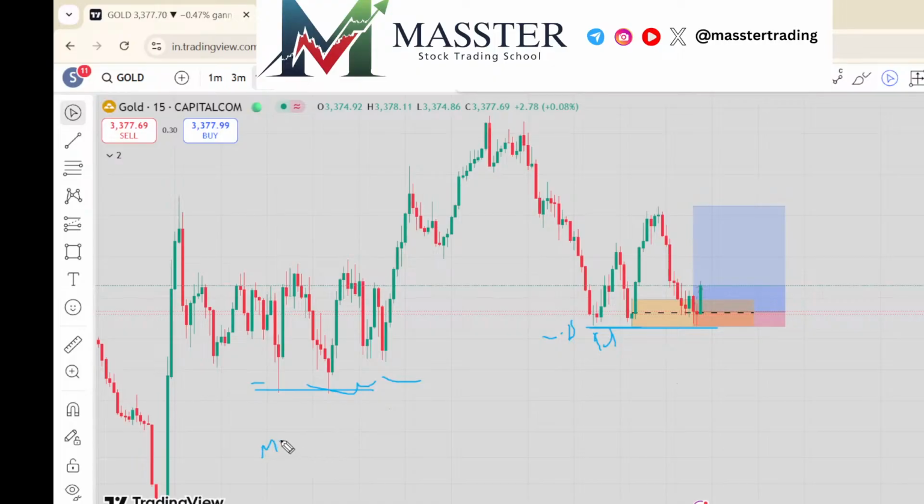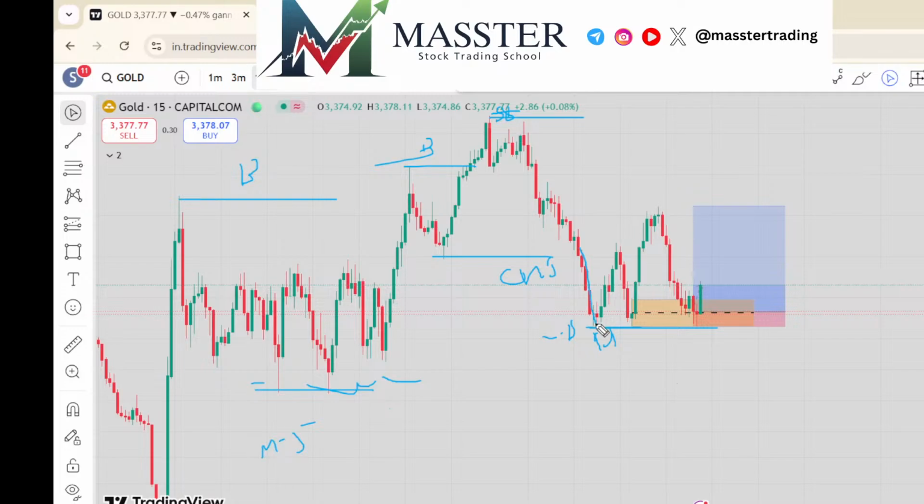I'm going with the market structure. If you see the market structure here, it's making a break of structure, and here is again a double top. You can see double top liquidity created here. This is a break of structure, and this is also a break of structure. Here is a change of character.